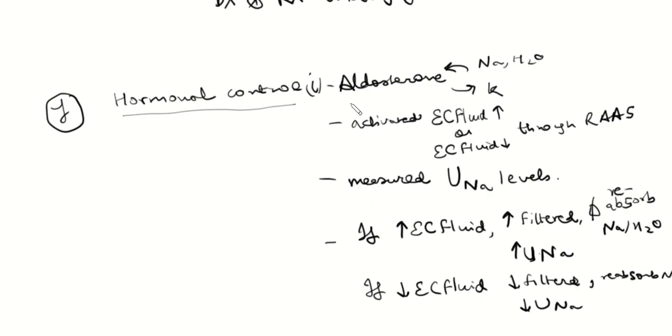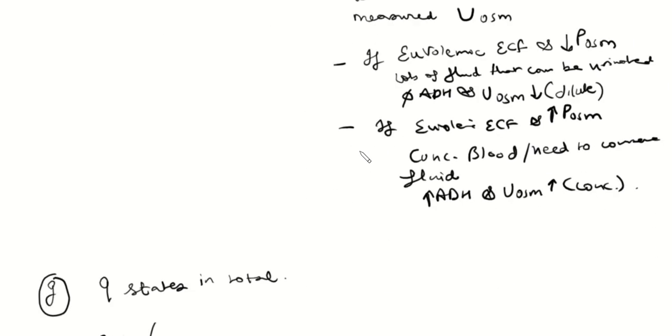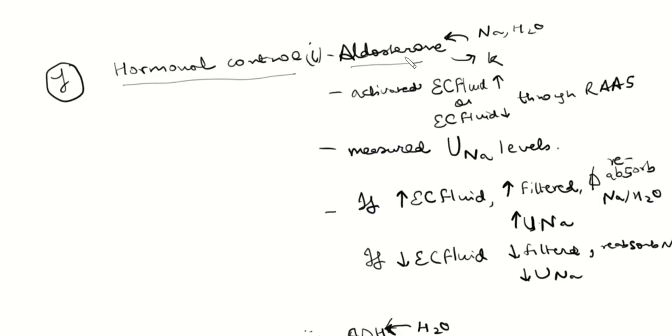There's two big areas to consider when we're thinking about control of sodium in water. Of course, there's intake and there's excretion. The two big ones to think about are aldosterone and ADH. Okay, aldosterone.